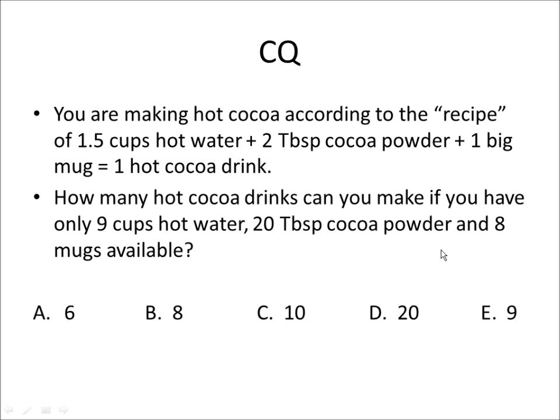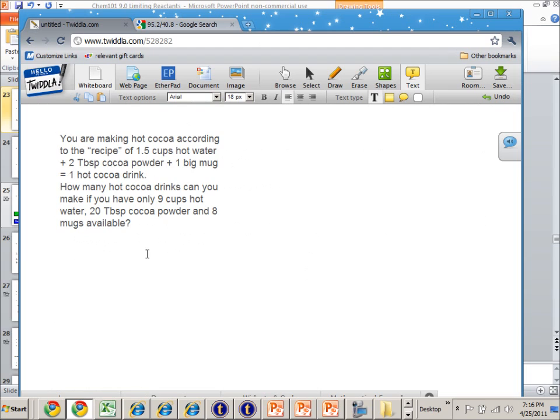So imagine this recipe, right? We have 1.5 cups of hot water to 2 tablespoons of cocoa powder in a mug to give 1 hot cocoa drink. How many hot cocoa drinks can you make if you have 9 cups of hot water, 20 tablespoons of cocoa powder, and 8 mugs available? This is tough. I need to write this out as a chemical reaction.